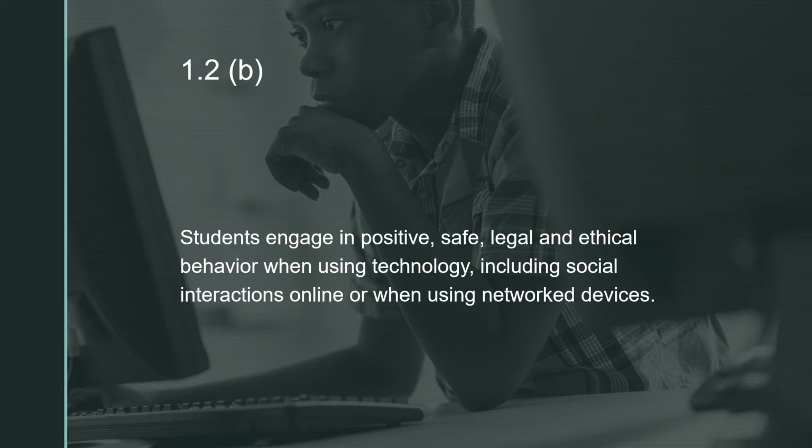So don't say anything negative and just be rude or arrogant. Really put thought into what you're going to post each time you log on to any website or social media network.